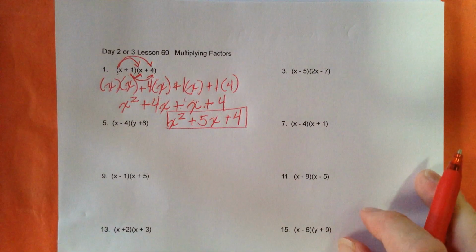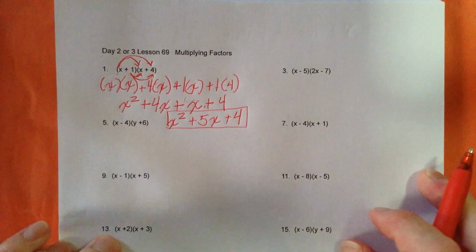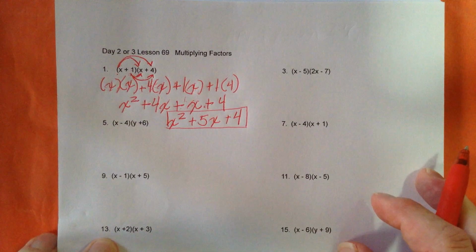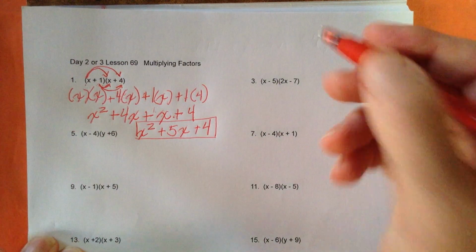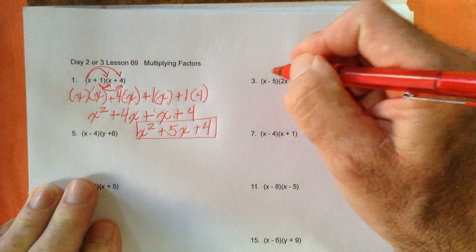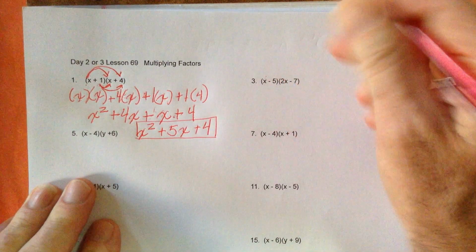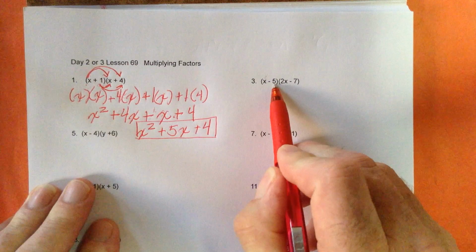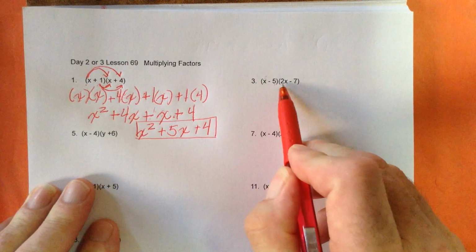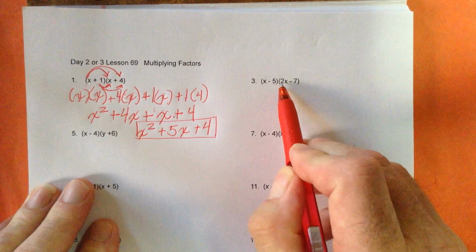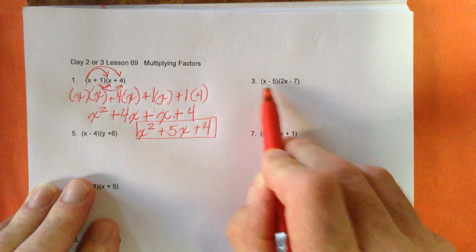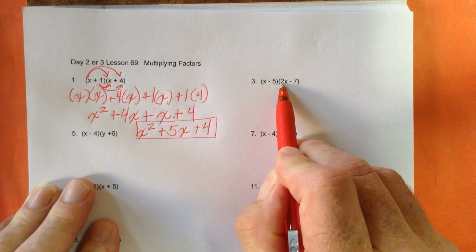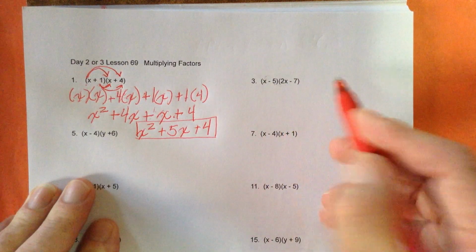Okay, so here is the next one. Make sure it's on the page, move it over a little bit. This one here, I have x minus 5 times 2x minus 7. So I first ignore the 5, and I go x times 2x, and then x times negative 7.